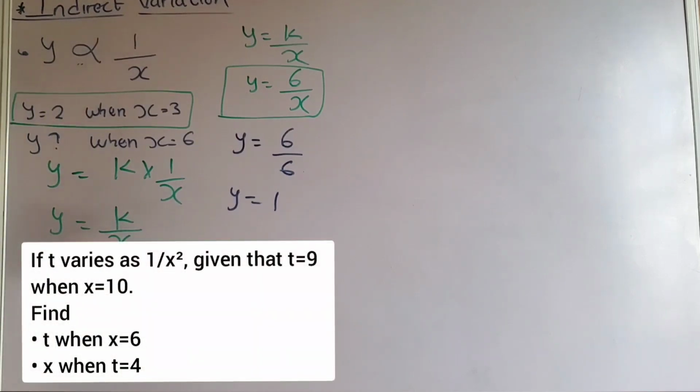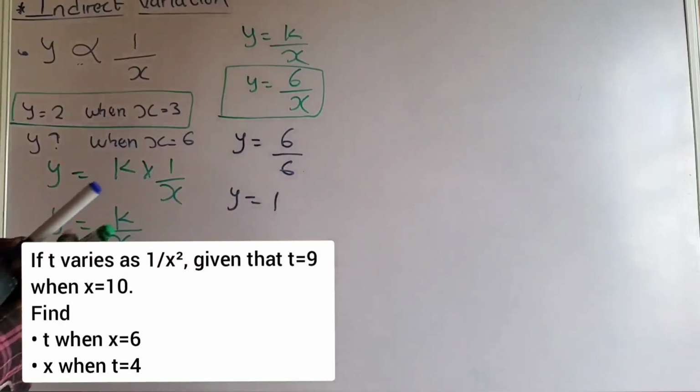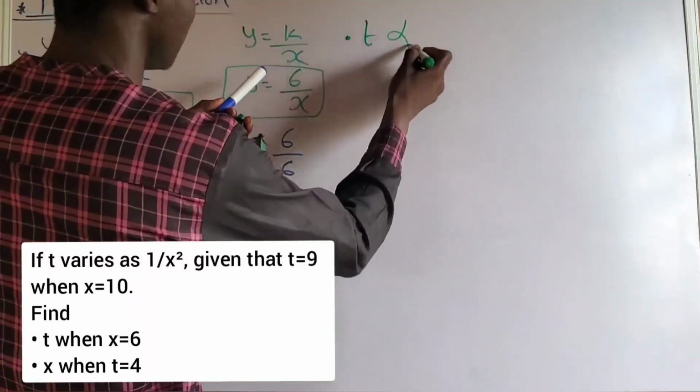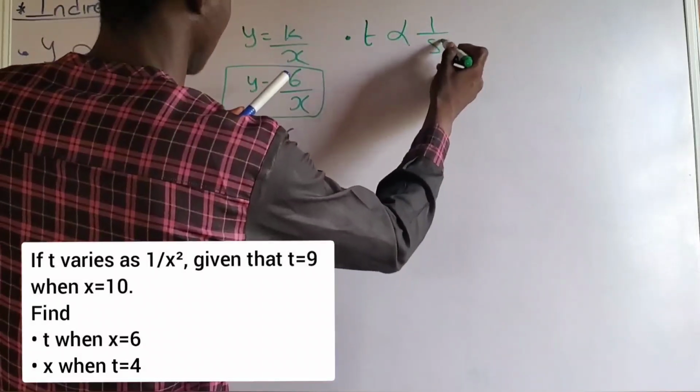If t varies as 1 over s squared, given that t equals 9 when s equals 10, find t if s equals 6, and find s if t equals 4. Please pay attention. We are given that t varies as 1 over s squared.